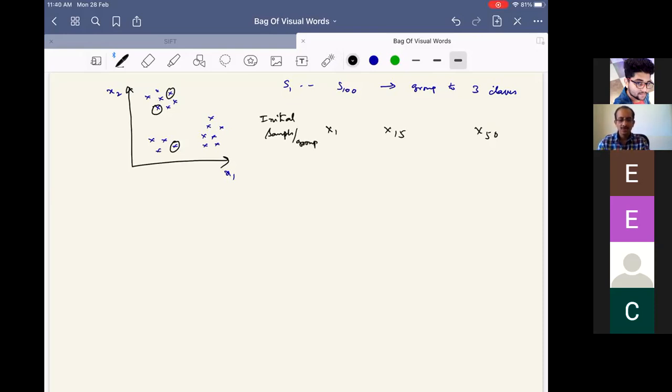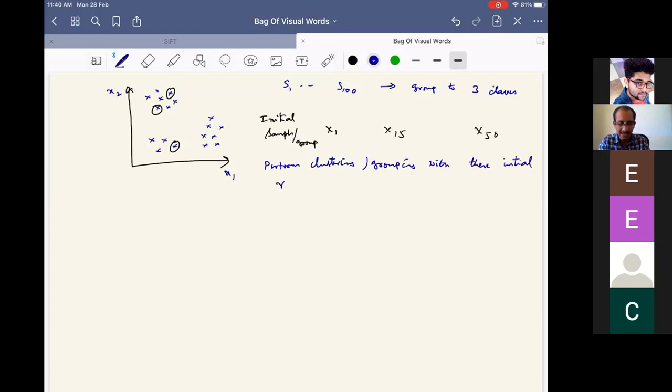Then we can see, for this X1, which are all the samples that are closer, and put them into group 1. I can make the clustering. Clustering means grouping. Perform clustering with these initial representatives.